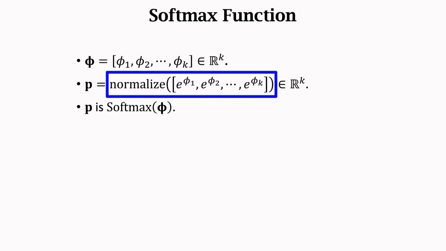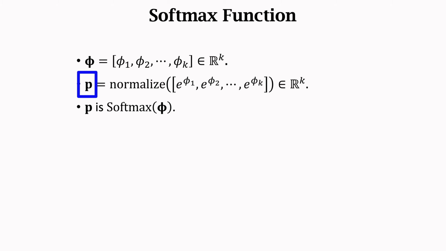Then normalize the numbers so that they add up to 1. The k numbers are the outputs of the Softmax function. Denote the k numbers by vector p. Let p be the output of Softmax. The elements of p add up to 1.